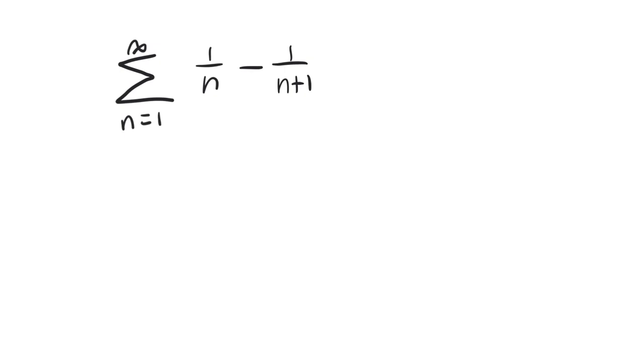This is a classic telescoping series, because when you imagine n is 1, that's going to be 1 over 1 minus 1/2, and that's what you get when n is equal to 1. We're going to be adding that to what you would get if n equaled 2, and that would be 1/2 minus 1/3.